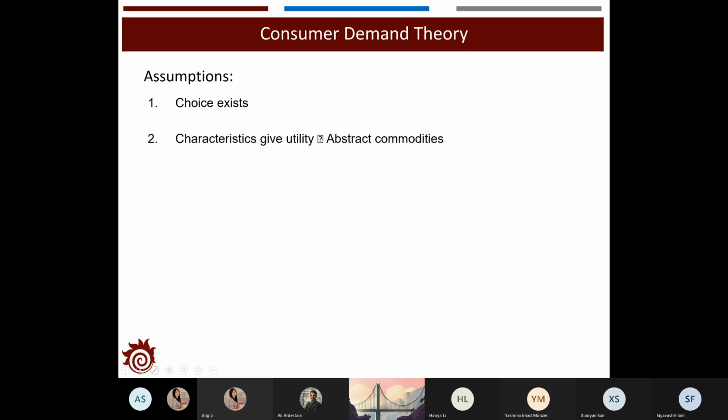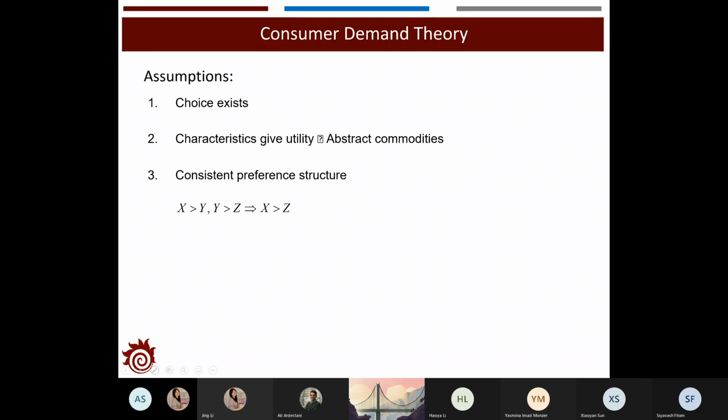And the second thing is about the utility. So we will have the utility function to simplify the commodities, and we will also define the utility function to determine whether you want to take the trip or not. And the third, there will be some consistent preference structures.